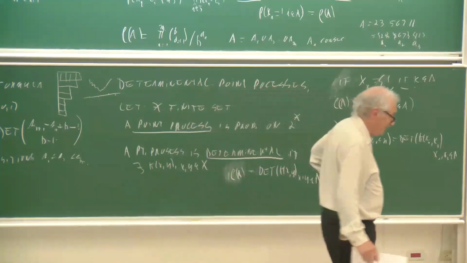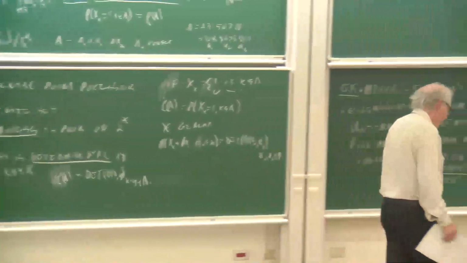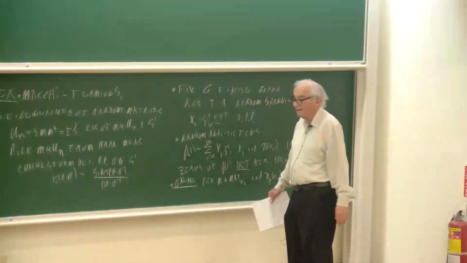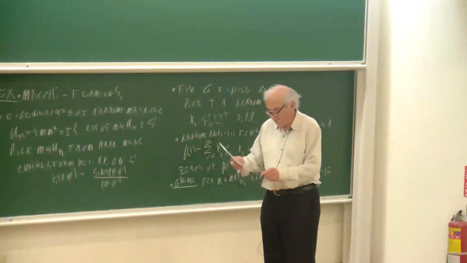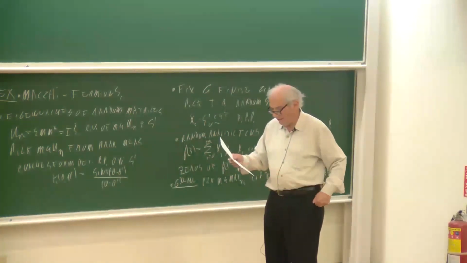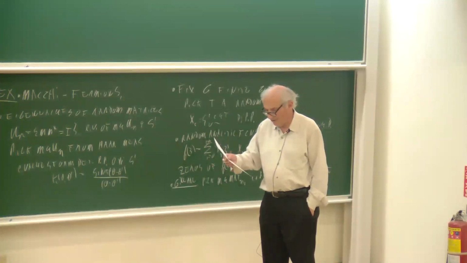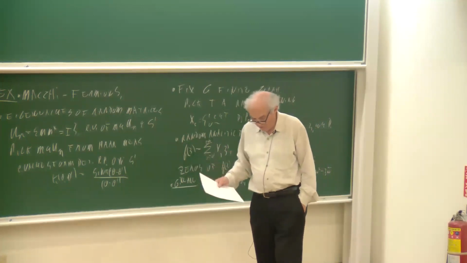A marvelous expository article about random analytic functions with full proofs is in this little book by Hough, Krishnapur, Peres, and Virag, Zeros of Gaussian Analytic Functions. It's short and very good.